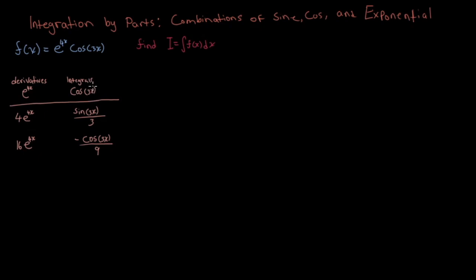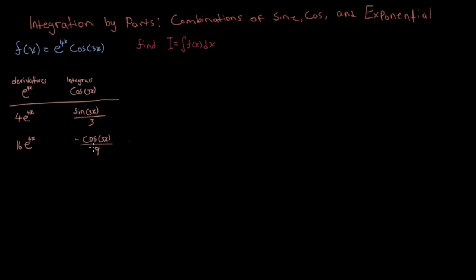We take the integral of it, which gives sine 3x over 3, and then we take only one more integral, and we get cos 3x over 9. The reason we only take one more integral is because we want to get it back to the form cos 3x. You will see why this is important in just a second.